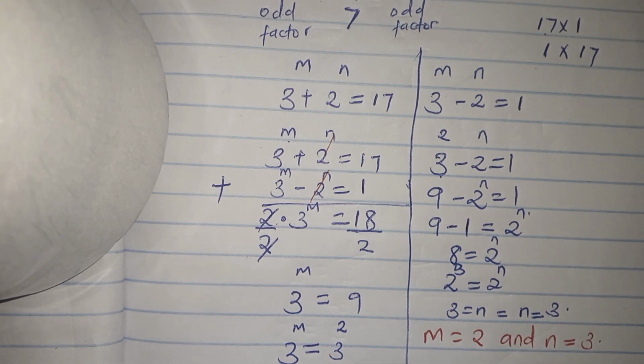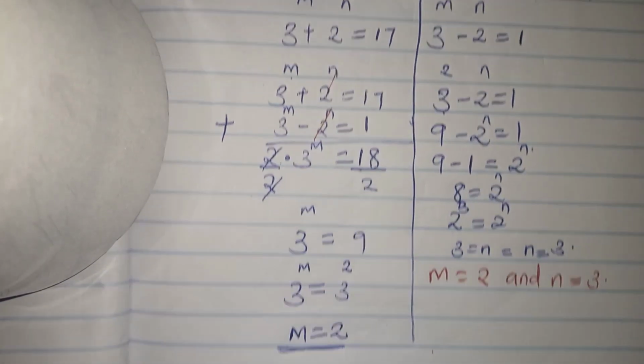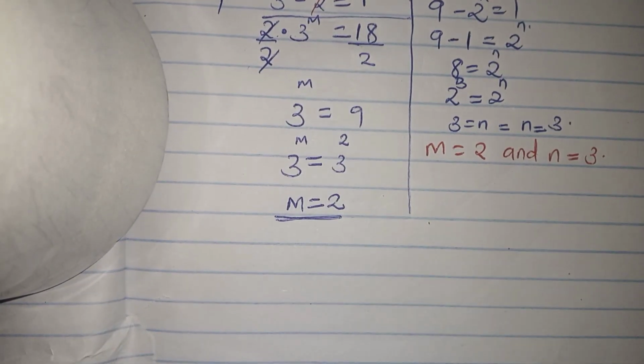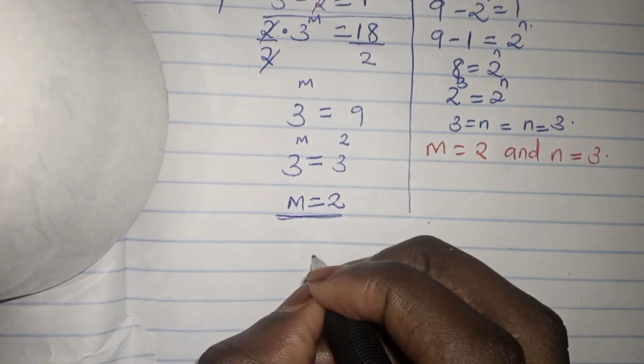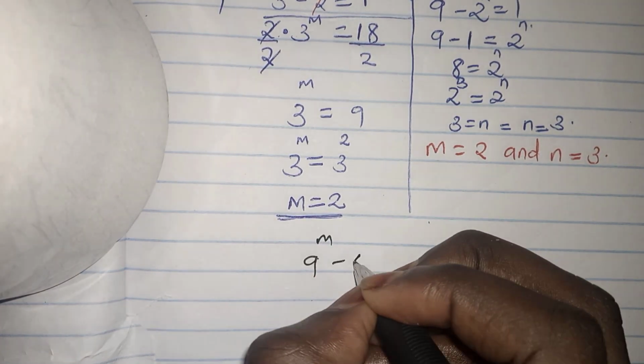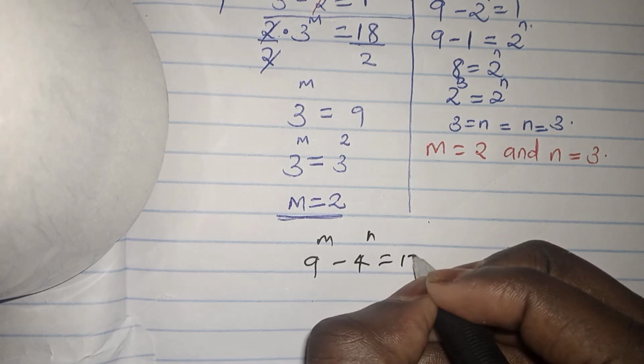So let us check and confirm if they satisfy our equation. So let me rewrite our equation. Our equation was 9 to the power of m minus 4 to the power of n is equals to 17.